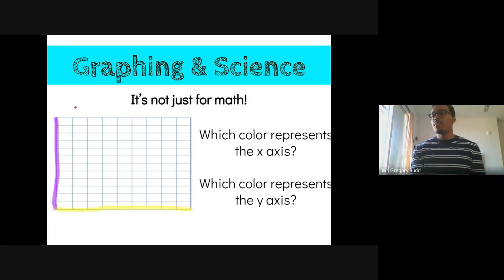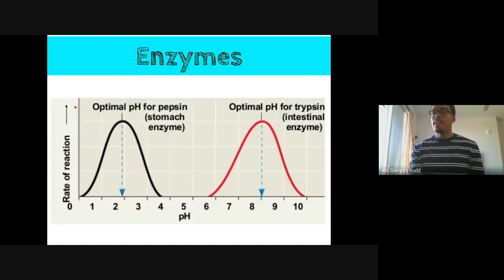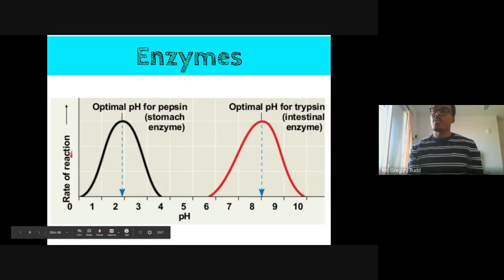Now, when we look at most graphs in science, they will have information on these axes. So here, the information that's on your y-axis is the rate of reaction, and the information that's on your x-axis is your pH.